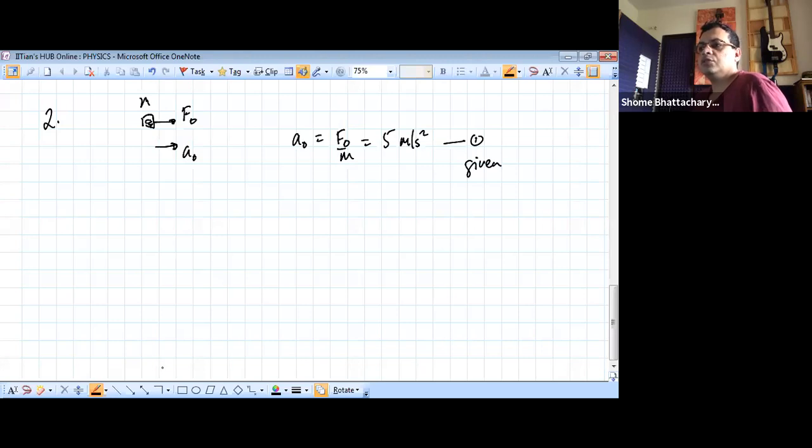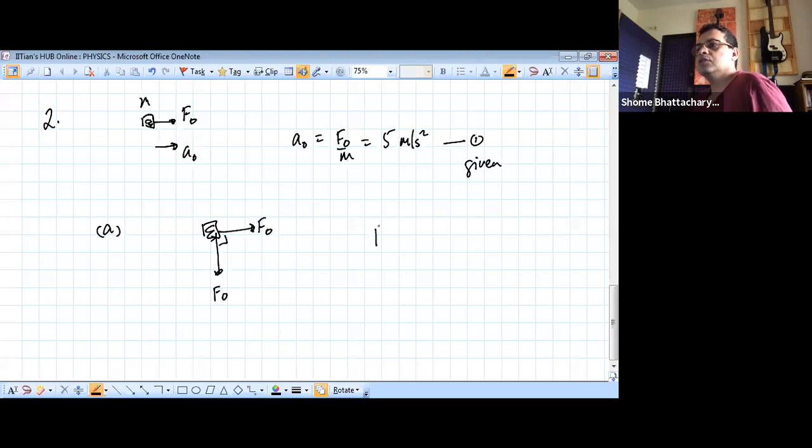Now the situation shown to you is that in the first case, on a frictionless surface, you have F naught and another force of magnitude F naught, but acting perpendicularly like this.